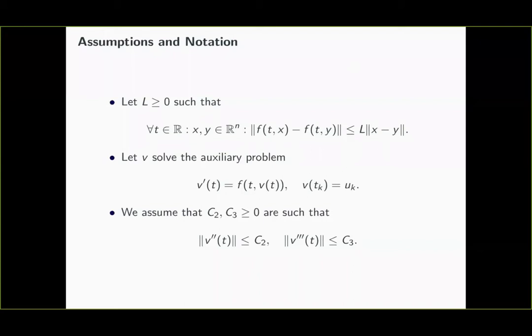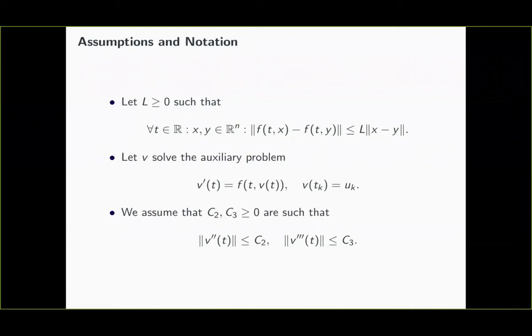Furthermore, since we are talking about the local discretization error, we always compare our numerical method to the exact solution of an auxiliary problem. So having defined u_k in the k-th iteration step, we take a look at the Cauchy problem v'(t) = f(t, v(t)) with initial condition v(t_k) = u_k.